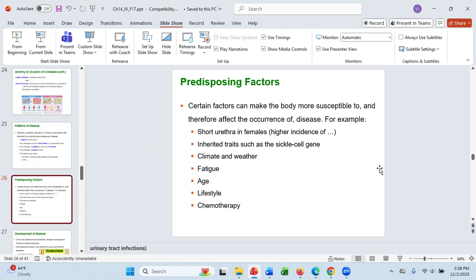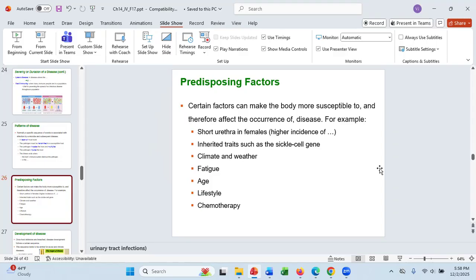There are inherited traits such as sickle cell anemia, which can make the patient more susceptible to getting a disease. So, a sickle cell anemia patient is more likely to come down with a disease just because the pathogen is more likely to get established, grow in the patient, and then cause disease.